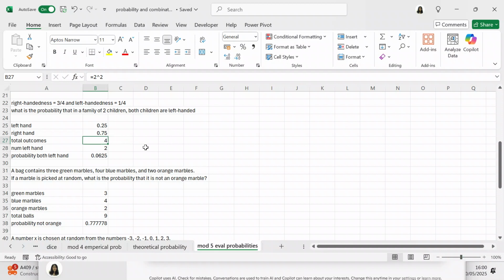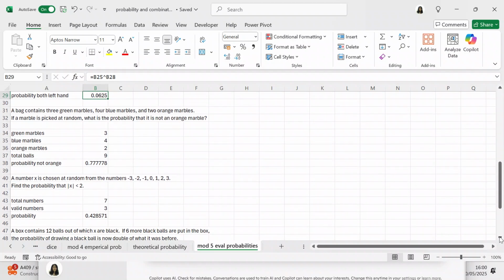So your total outcomes is going to be 2 to the power of 2, which is 4. The number of left-handed children is going to be 2. And the probability of both being left-handed is going to be 0.25 to the power of 2. So that's 0.0625.